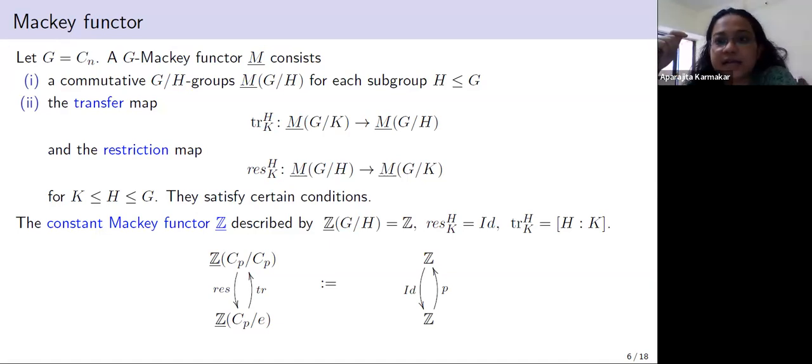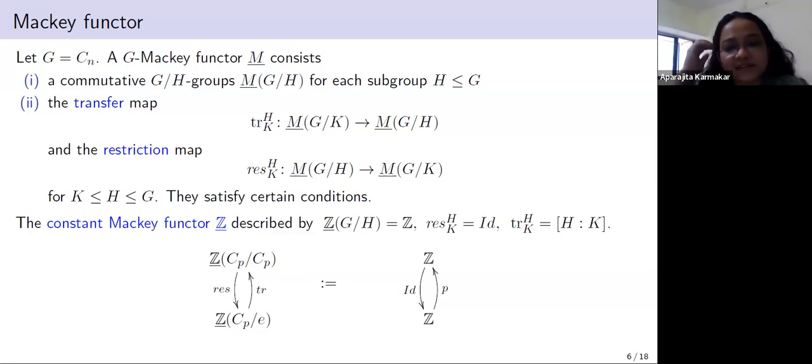There is a transfer map from G/K to G/H, and a restriction map from G/H to G/K, where K is inside H, which is inside G. So this information is required when G is C_n to define a Mackey functor. And these restriction and transfer maps have some relations amongst them that they need to satisfy to become a Mackey functor.